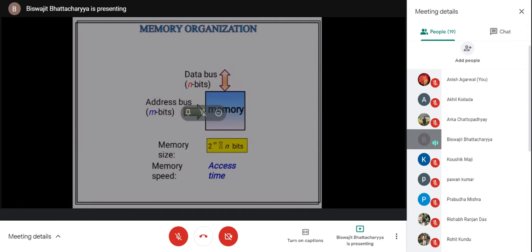In general, when we talk about an 8-bit microcontroller, we refer to the length of the data bus, not to the length of the address bus.